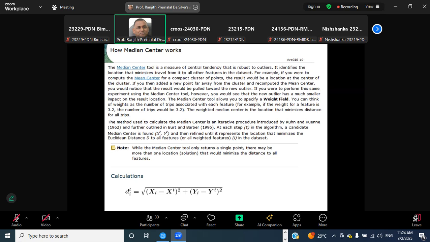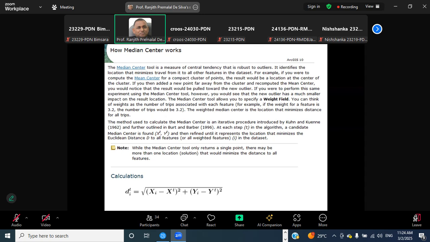If you then added a new point far away from the cluster and recomputed the mean center, you would notice that the result would be pulled towards the new outlier. If you were to perform the same experiment using the median center tool, however, you would see the new outlier has a much smaller impact on the overall result.